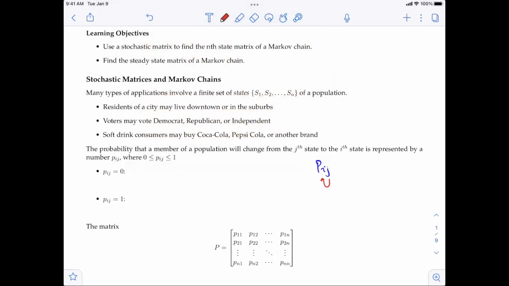And because this is a probability, usually it is defined that P sub ij is always between 0 and 1, right?